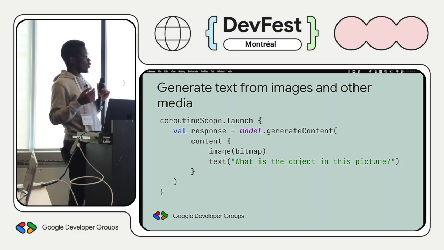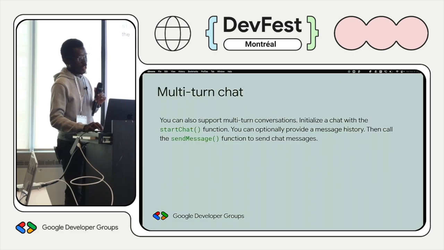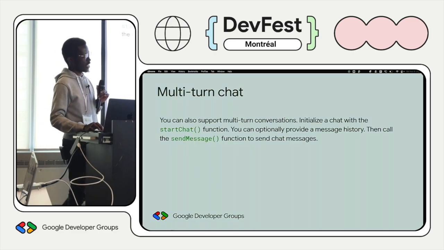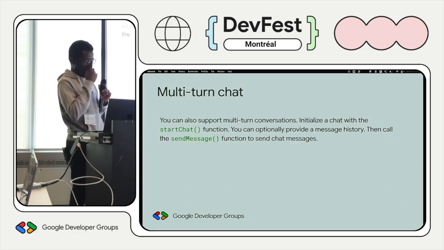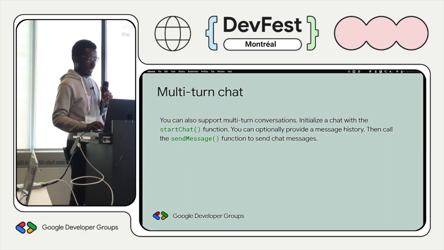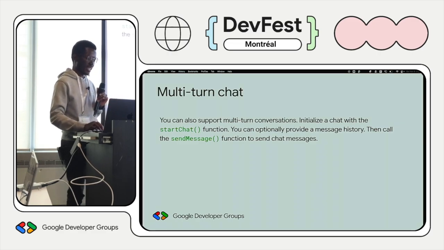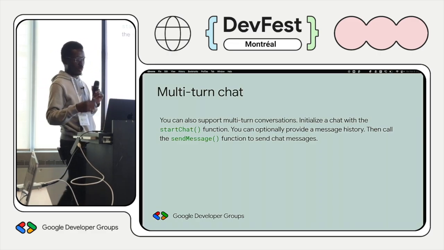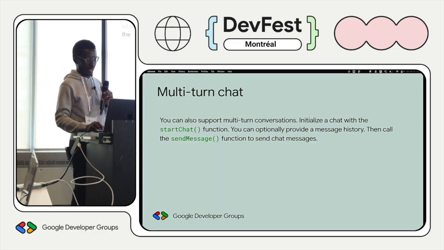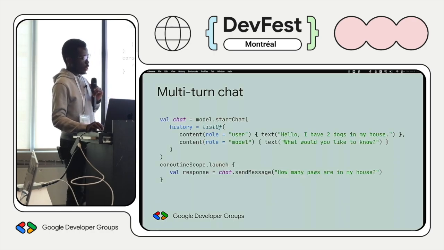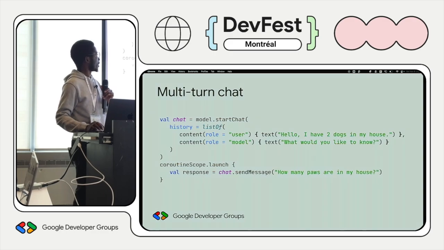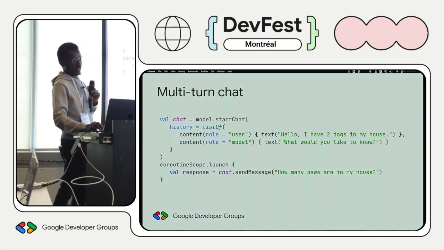In case you want to preserve the context of the whole conversation, you will need to use multi-turn chat. You can do that by initializing the chat by calling the start chat method, and then using the send message method to send new messages into the chat. So this is how it looks. First of all, you need to start the chat by using the start chat method.